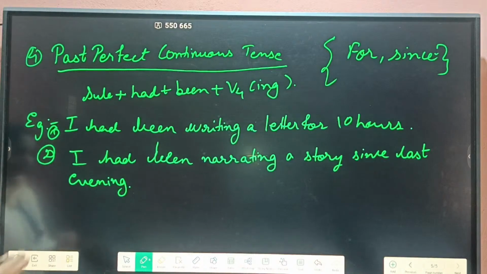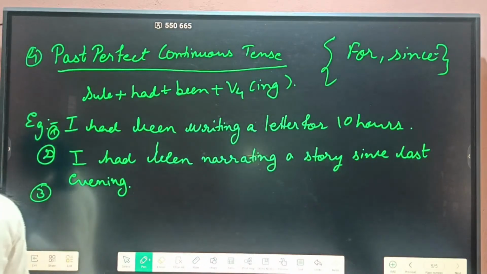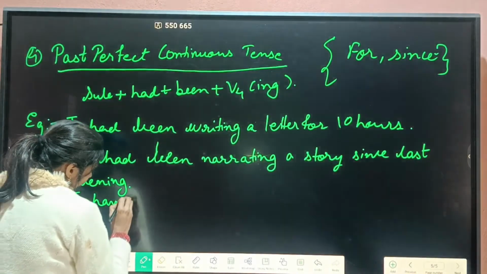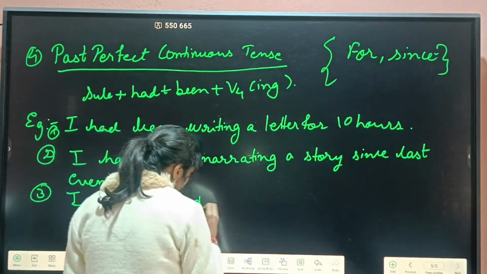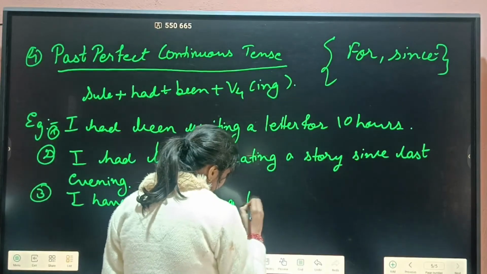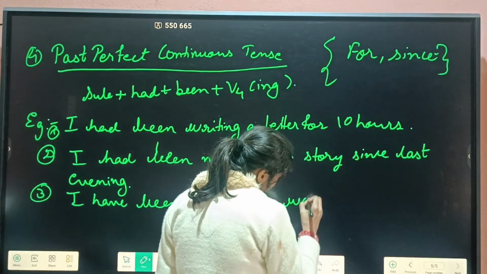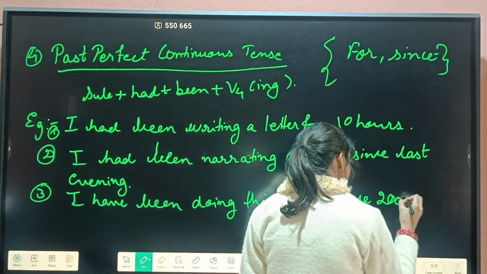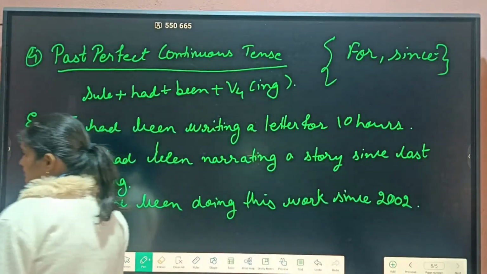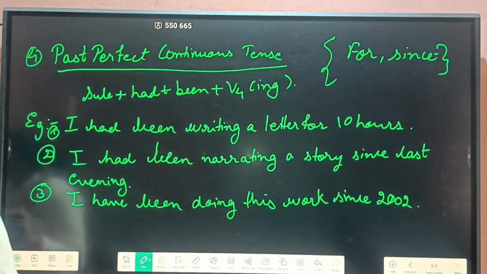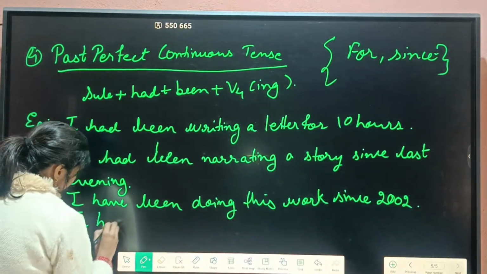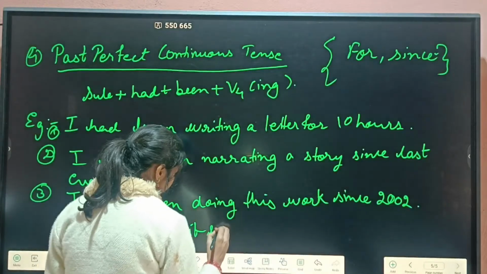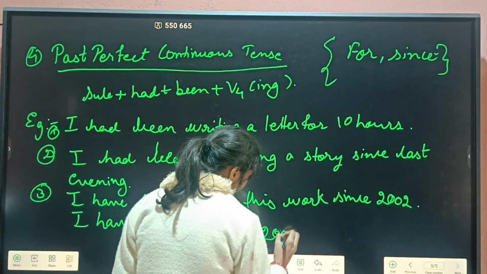Another example we can write: I have been doing this work since 2002. Okay, this is the year. Or, I have done it since 2002.